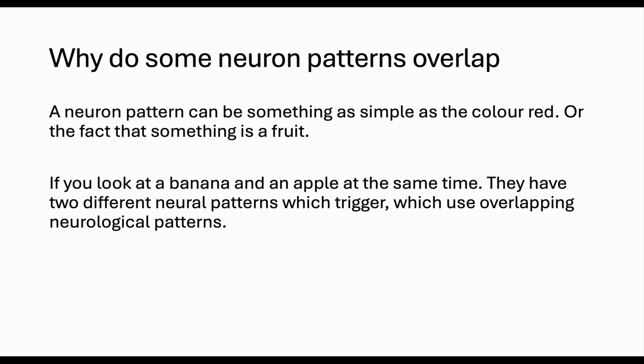And to point something that's quite complicated to understand out is that some neuron patterns overlap and use each other. Now, this might sound very confusing, but in reality it's not.